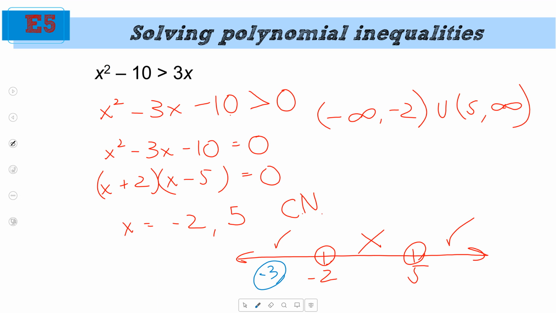Okay, so now go to the home screen. You should still be on the home screen, right? Okay, type this in. That whole line just as it appears. So x squared minus 3x minus 10 is greater than. You'll find the greater than under the math symbol.